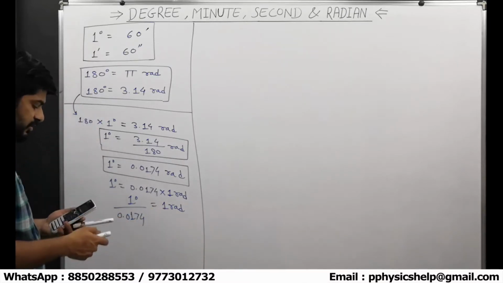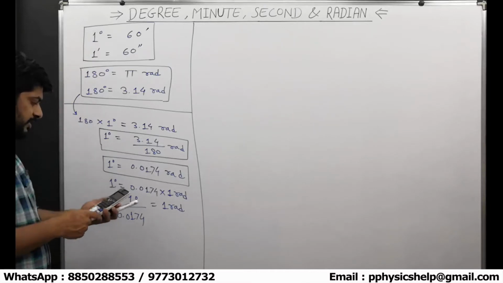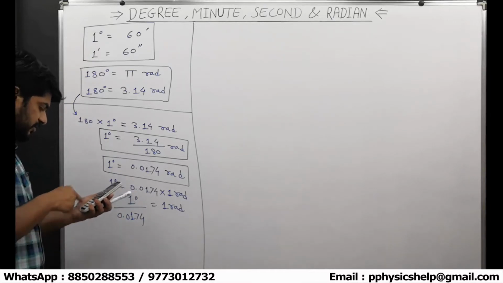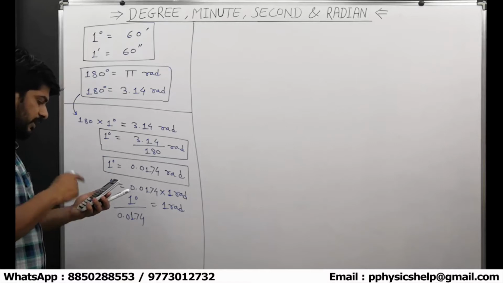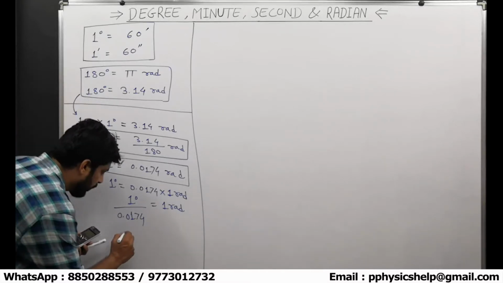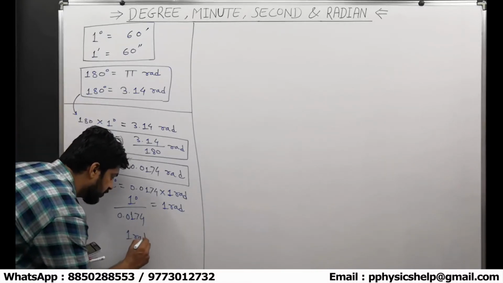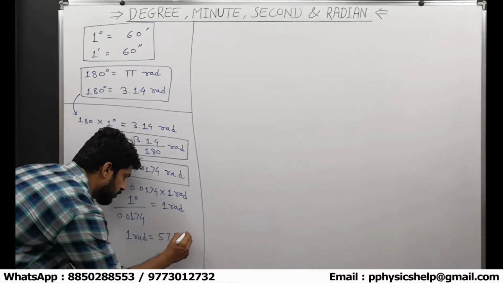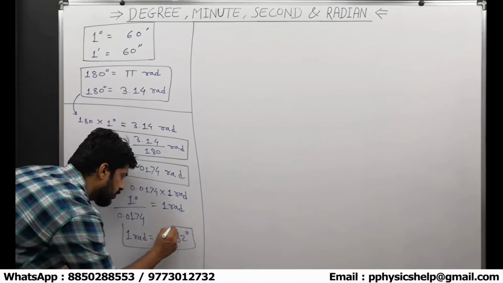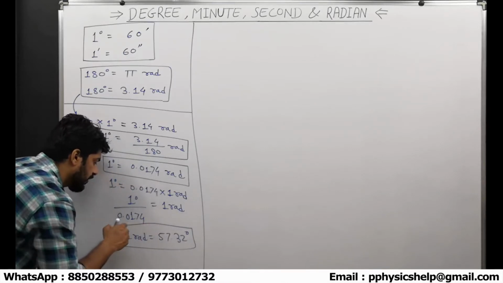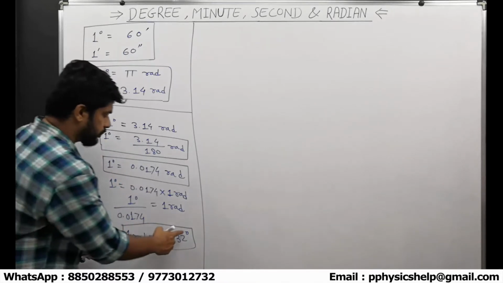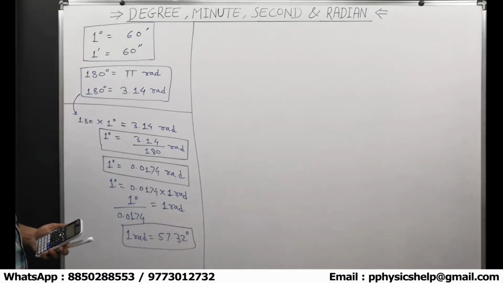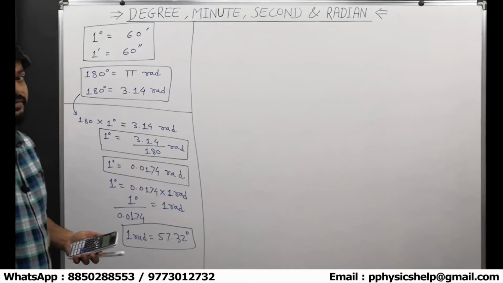Using the calculator, 1 divided by this number gives us 1 radian is equal to 57.32 degrees. So in this way we have found the conversion factor between degree and radians.